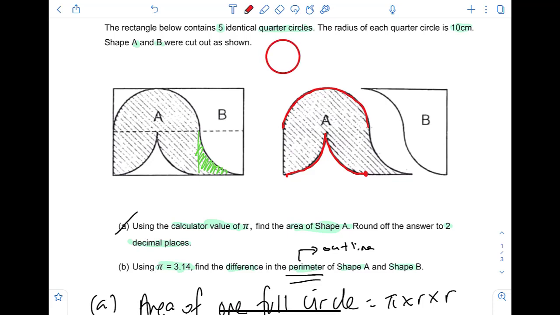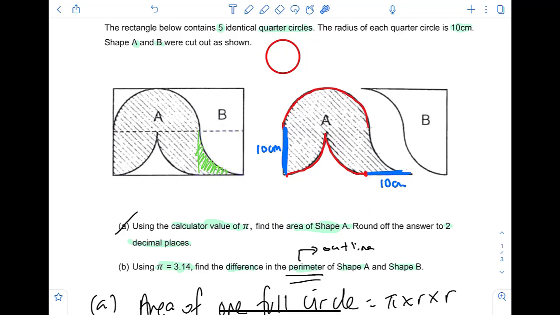Now, not forgetting there is a straight portion. This blue line here is a straight one, and this other blue line is another straight portion, which is nothing but your radius, which is 10. So over here will be 10 cm, 10 cm here as well. Why? Because over here is the same as here, and this corresponds to the radius of your quarter circle.